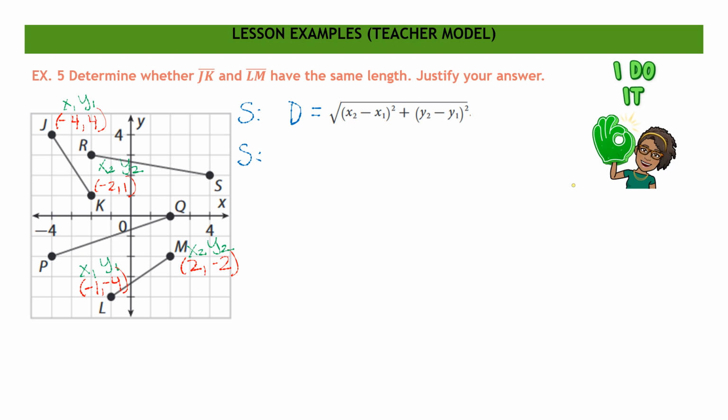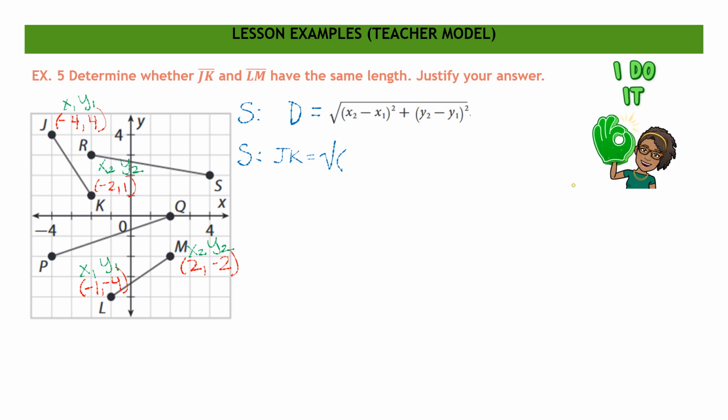So our setup is going to be in two parts. We're going to do one for JK and then one for LM. So we have JK, and then we're going to substitute the points that we have for JK.